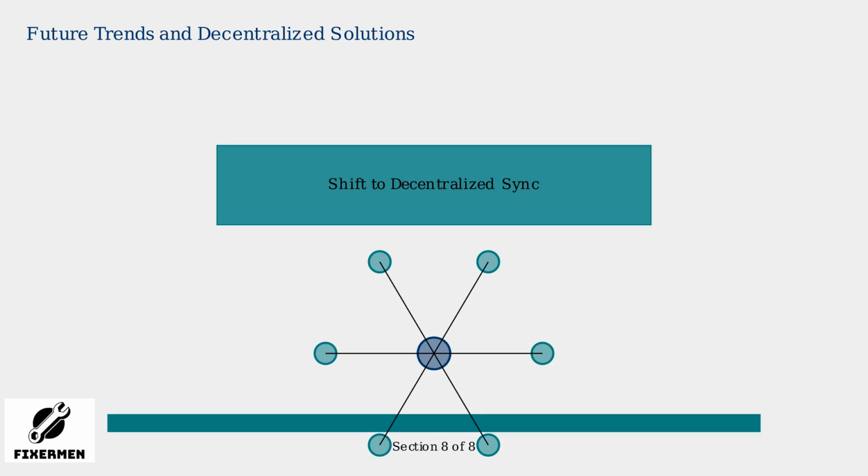Experts predict that AI-driven error prediction will become common in indie apps. This technology could help automatically detect and prevent sync issues before they occur, eliminating many of the problems we've discussed. So keep an eye out for these exciting updates as Bongo Cat evolves to provide more reliable and secure syncing options.